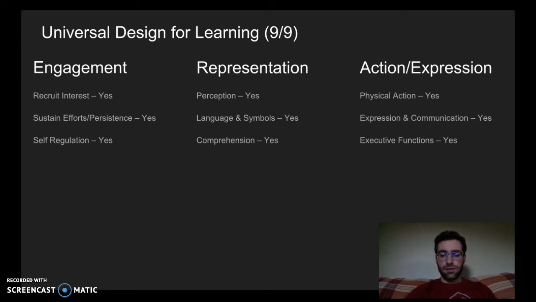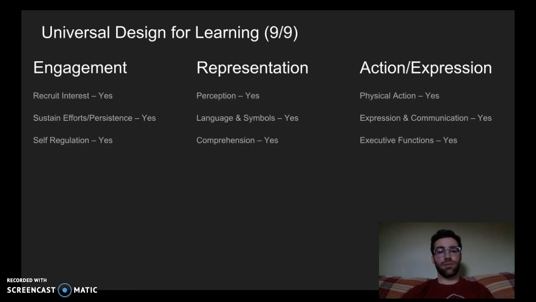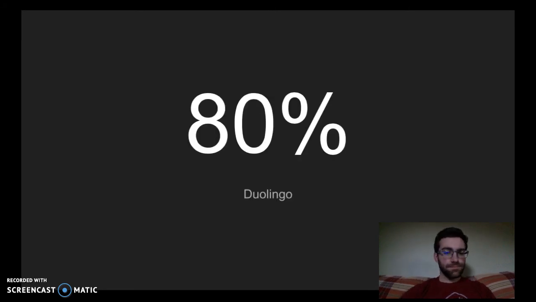Just a few last things here. Overall, I gave Duolingo an 80%, so I said that it met 47 of the 59 points that I tallied up. And I think when considering the textbook and what we were talking about in this chapter regarding modular versus integrated, I think that Duolingo would definitely have to work as part of a modular system as opposed to integrated.